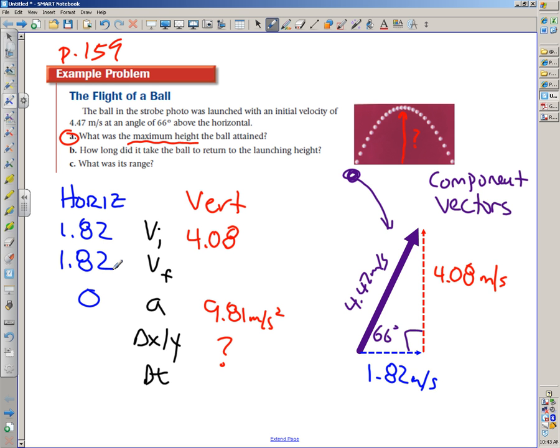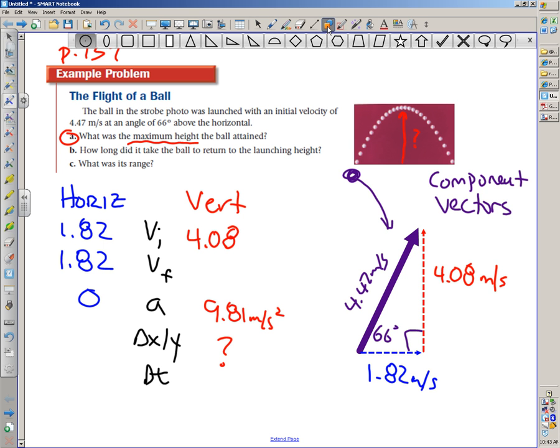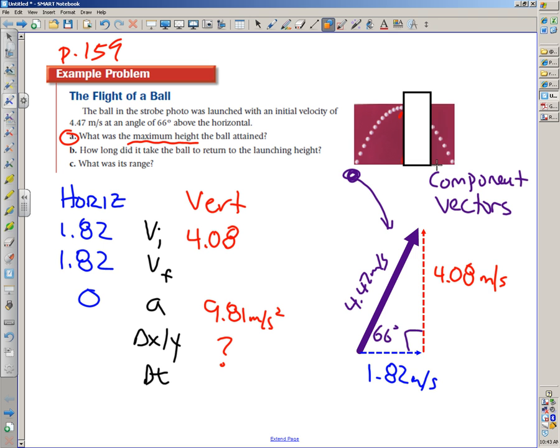In this picture showing the strobe photograph of the flight of this ball, this problem is really only asking us to analyze that part of the flight, because its maximum height occurs right here. Okay? I think we talked yesterday that going back to our one-dimensional motion, if we take this ball and throw it straight up into the air, what do we know happens up at the top?